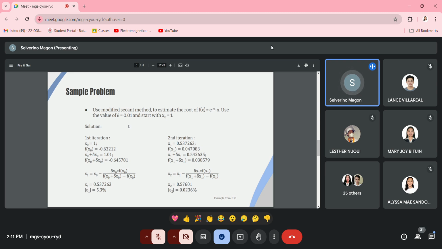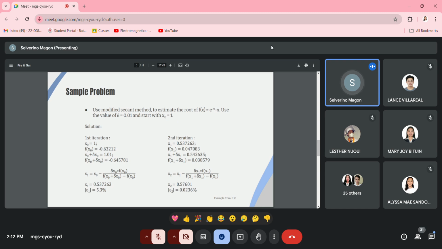So in this case, we only need to make one guess for the x0, starting with 1. Then we evaluate the value of the function at that point, and then we have the following. So here's where the incremental analysis starts.